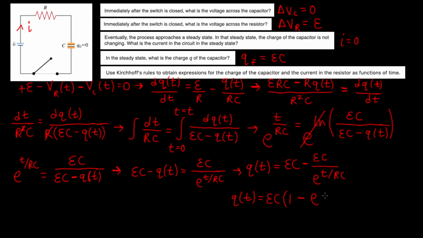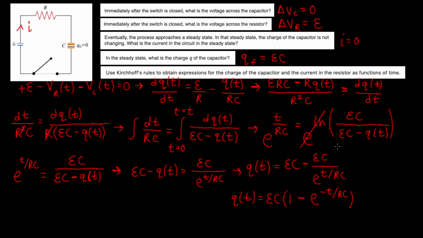And remember that we're flipping the sign on the e raised to the t divided by rc. And so that would make it negative. Since we're bringing it to the numerator, we're just flipping the sign on the exponent. And that allows us to flip the e to the numerator instead of it staying in the denominator.